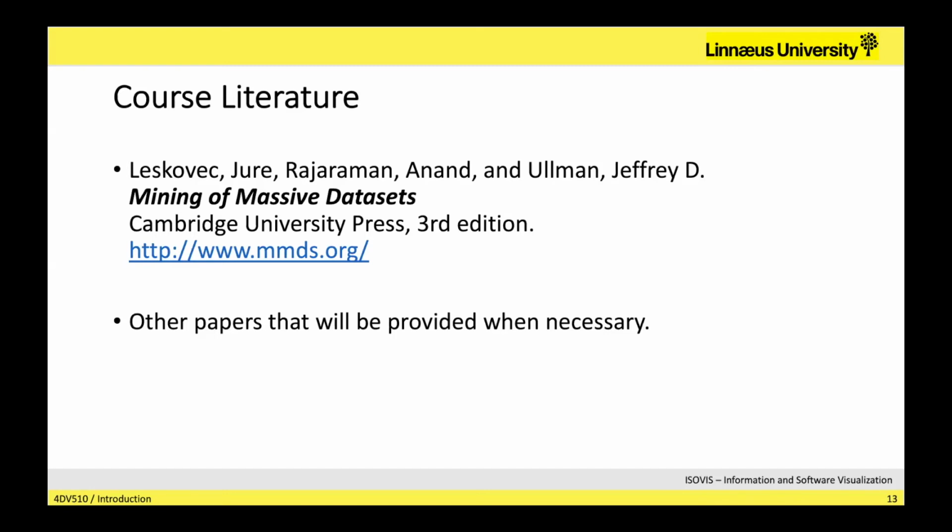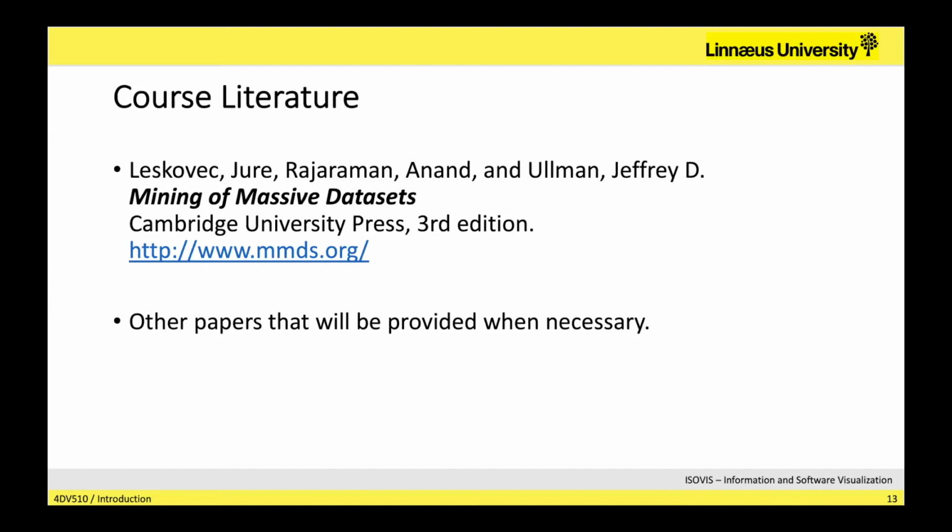Then Jeffrey Ullman is a monster in computer science. He has written many books that are used as fundamental literature in many courses, like compilers and all kinds of stuff. So these guys are really good.